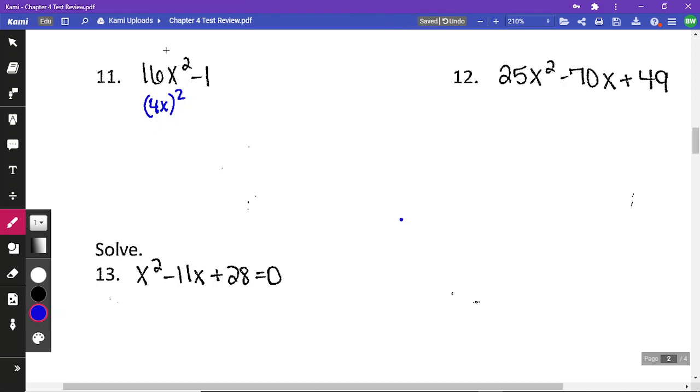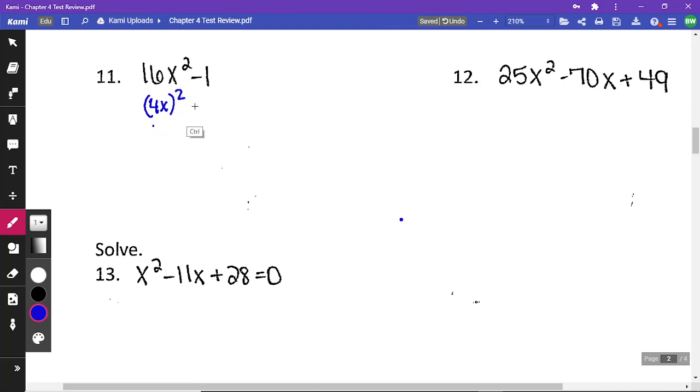And as it's written, we did not have that. It's written as 16 times the variable squared. It's not written just as something squared, but as we rewrite it, something is squared, specifically 4x.